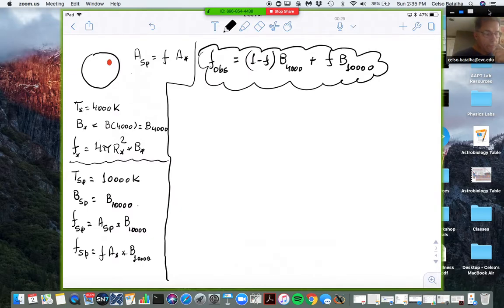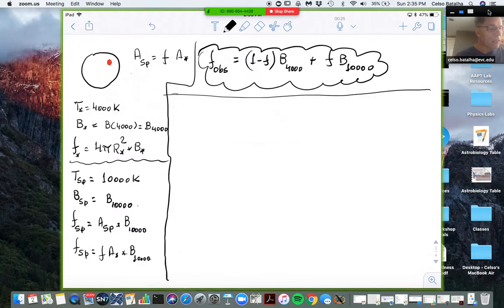Now let's think about veiling and try to relate those things to veiling. So what is the veiling? I think I did this before, but I will repeat it. The way we measure veiling, we say the star has a photosphere that is well behaved, and the photosphere can be approximated by a template.